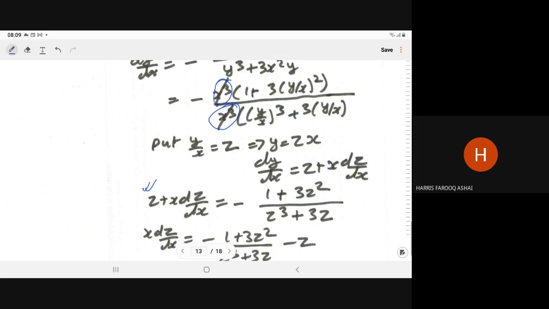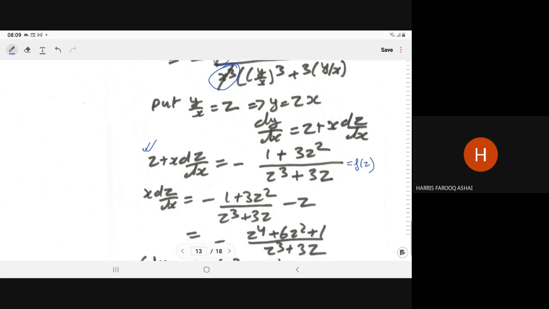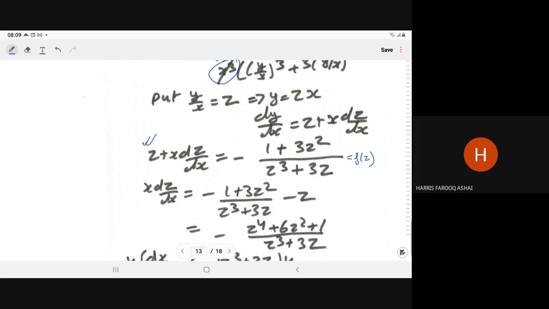(1 plus 3z square) upon (z cube plus 3z). So now you can see this is a function of z. Clear now? Automatically, due to the homogeneity, x will cancel out.